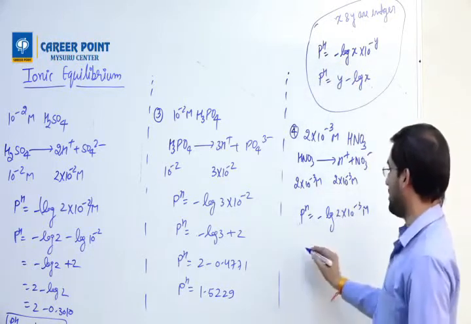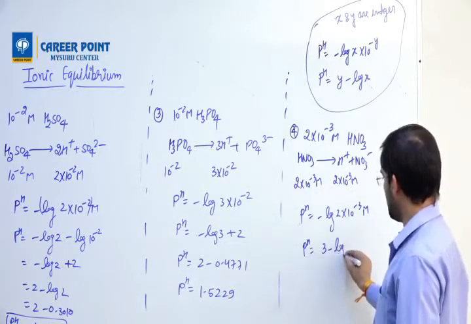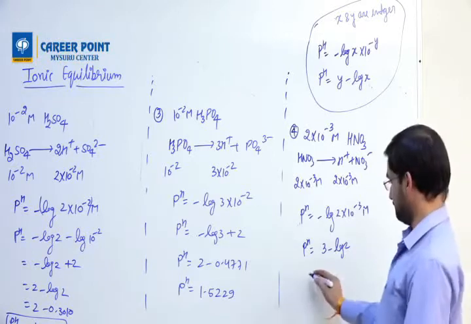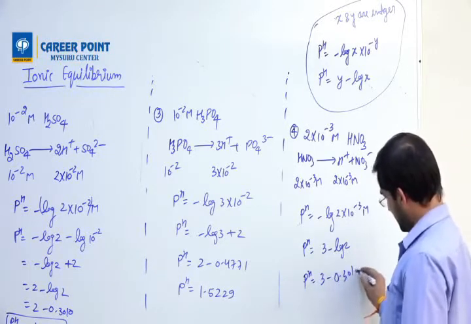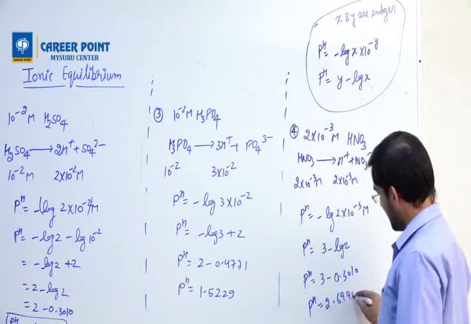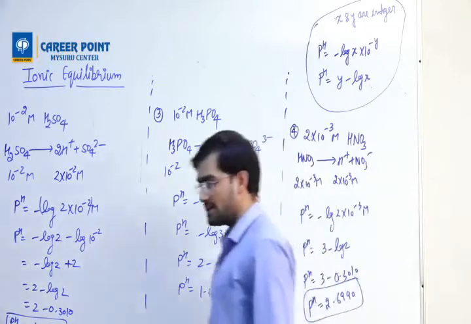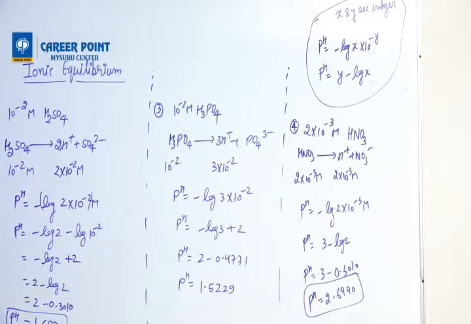So pH I can write as 3 minus log 2, which is 3 minus 0.3010. So pH equals 2.6990. Right? Yes.